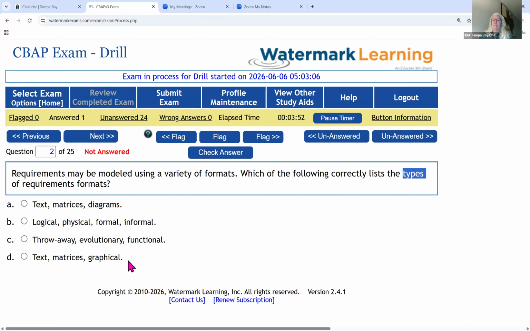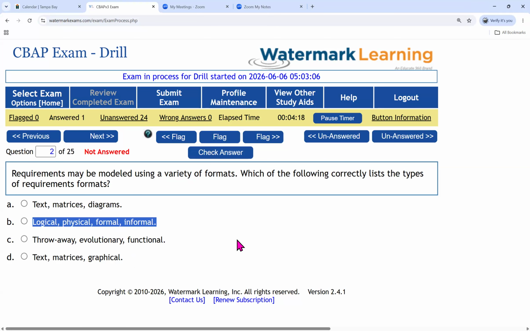Let's eliminate one. Eliminate logical, physical. Very good. And what do we think is the correct answer?